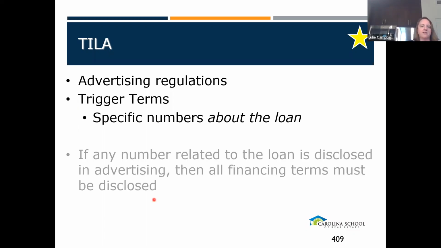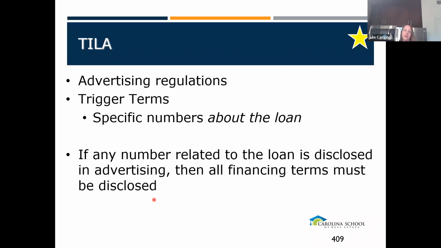And what TILA says is, if you hit a trigger term, if in your ad you mention a specific number about the loan, then TILA requires all of the information about the loan to be disclosed. Here's the deal, you guys. When it comes to getting a loan, we are not all created equal.